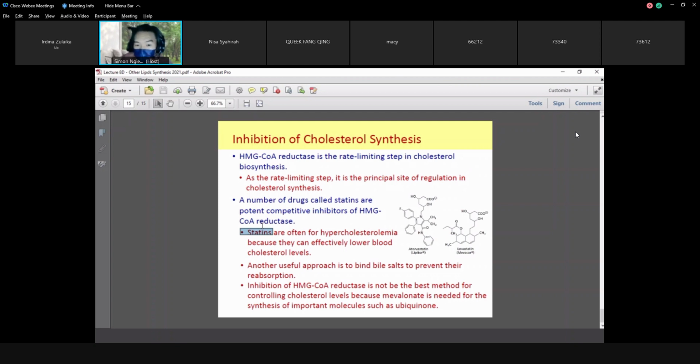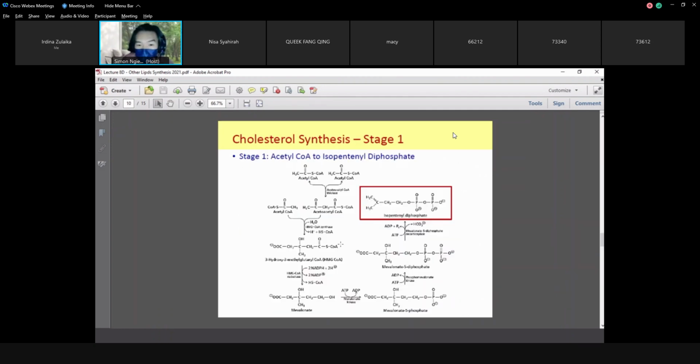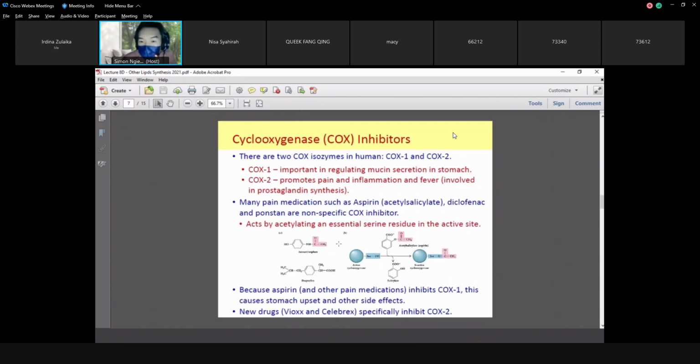You need to understand the biochemical process that leads to those symptoms or disease, which includes your COX1 and COX2 from just now and so on. That would be all.